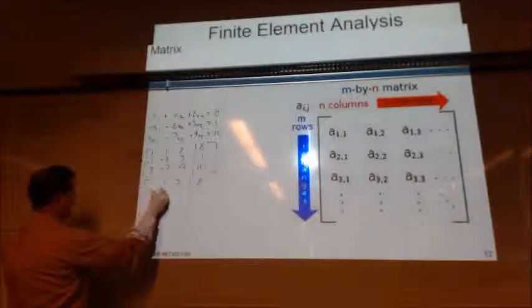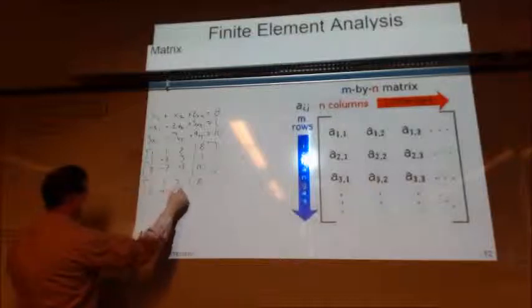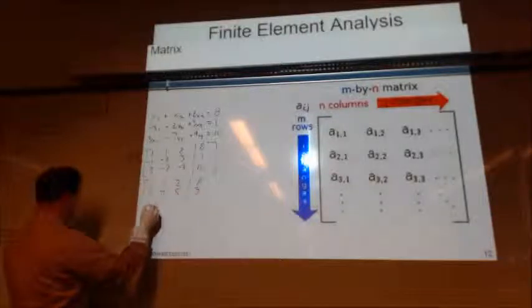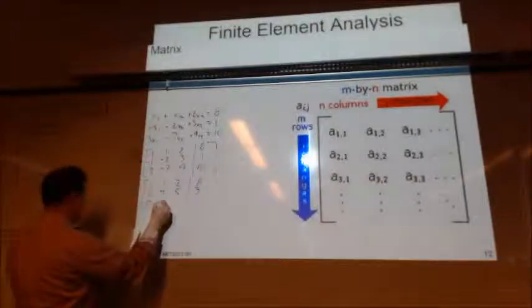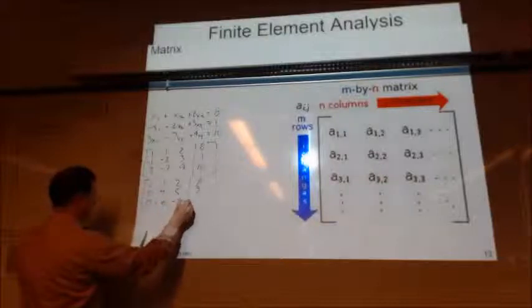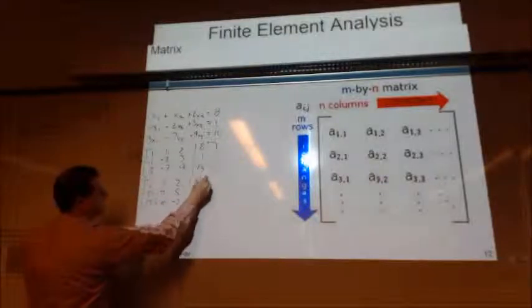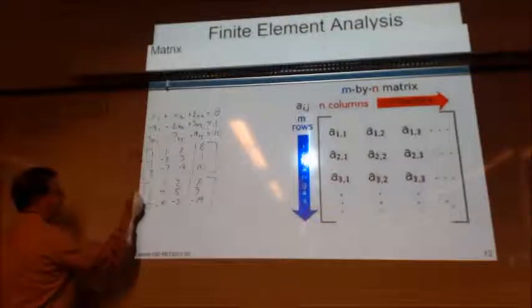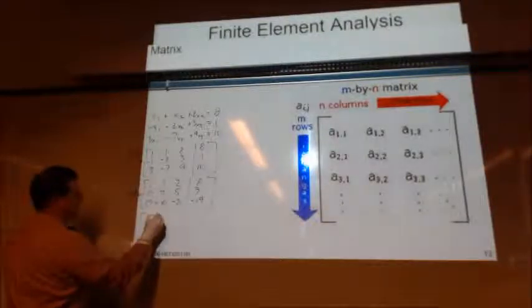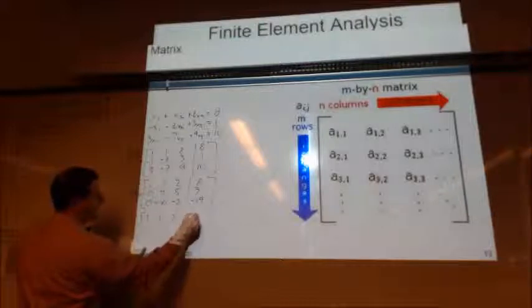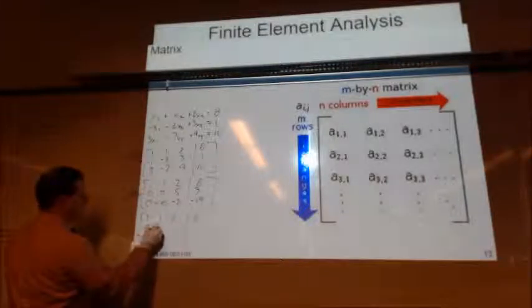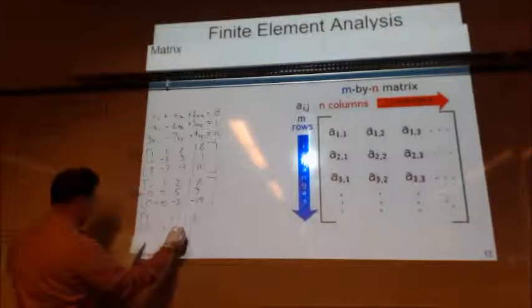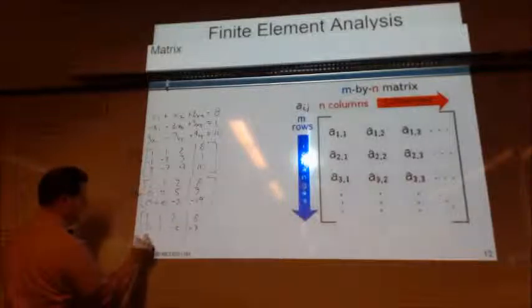So this will be 0, minus 1, 5, 9, 0, minus 10, plus 2, 14. So if we do minus 1 here, minus 5, minus 9.